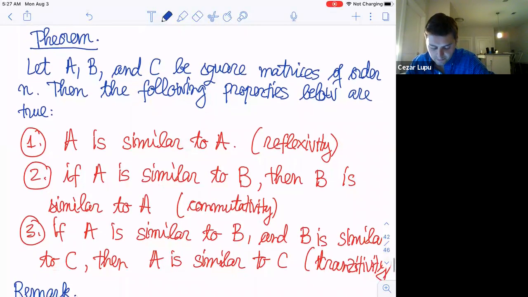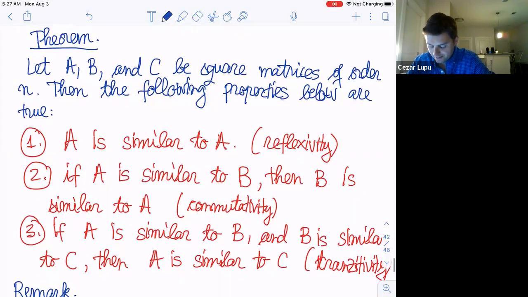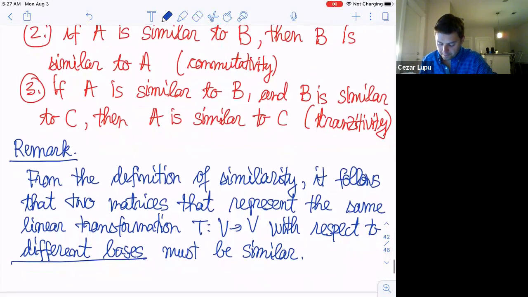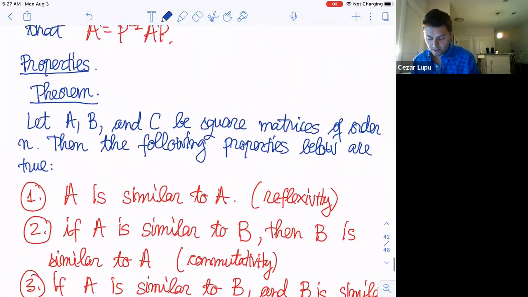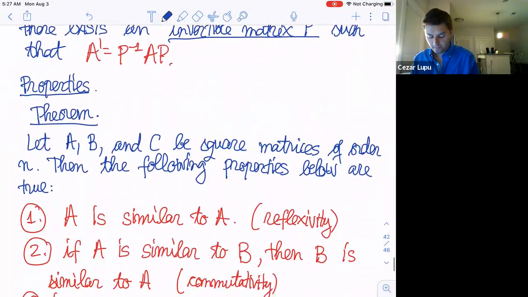Well, this is what you expect. This theorem is not anything that we did not expect. Now let me point out a remark. From the definition of similarity, as you can see here, there exists an invertible matrix such that A prime is P inverse times AP.